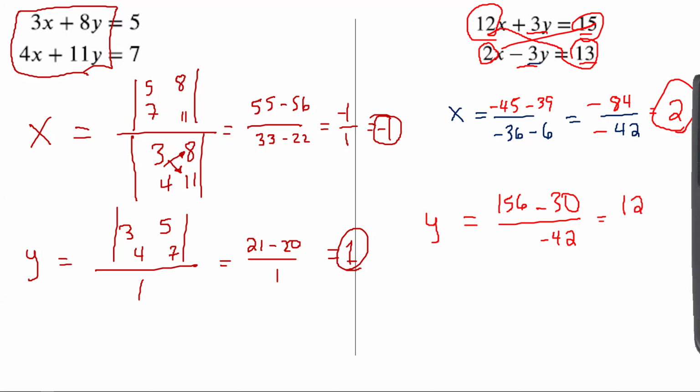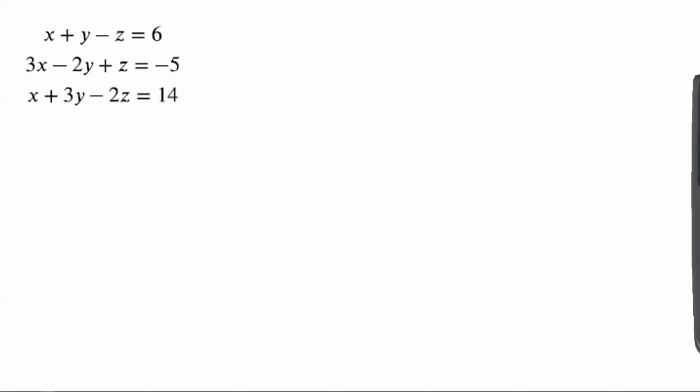So that's 126 over 42, and I believe that's going to be a 3. This is positive. That one's negative, negative 3. Okay. So those are kind of fun, and that's not a bad way, especially in the days before calculators. This was hot stuff. Okay.